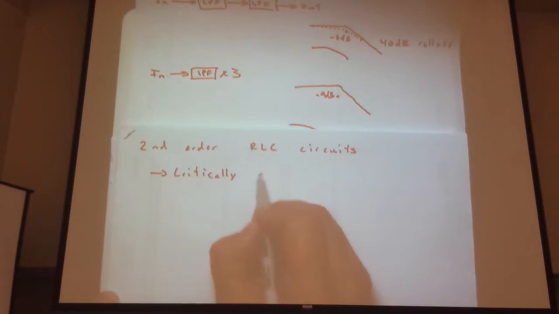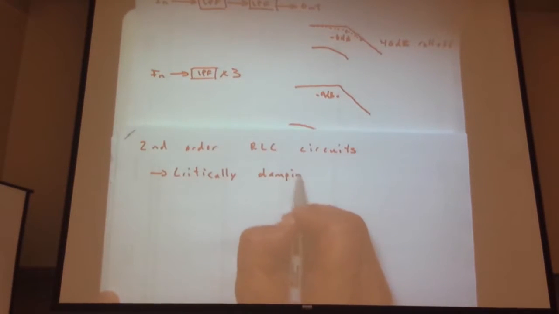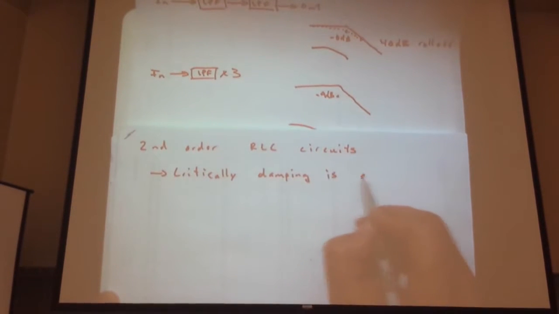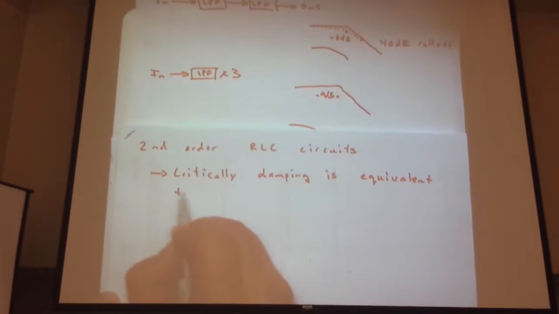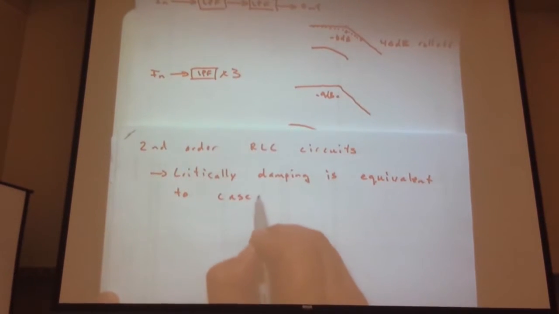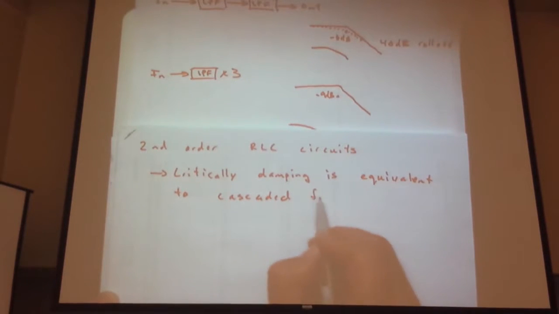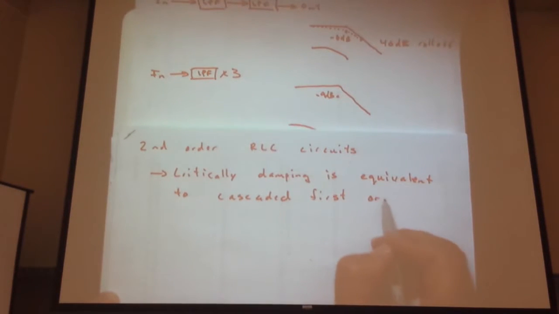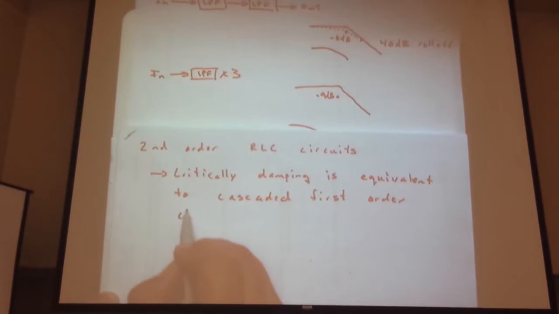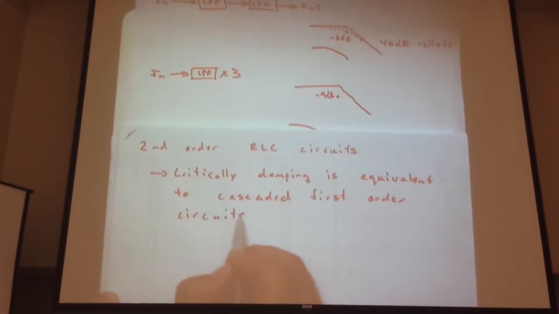Critically damping is equivalent to cascaded first order circuits. Our poles are real. We're going to have a minus 6 dB, all that. So it's like 2 cascaded first order circuits in a row.